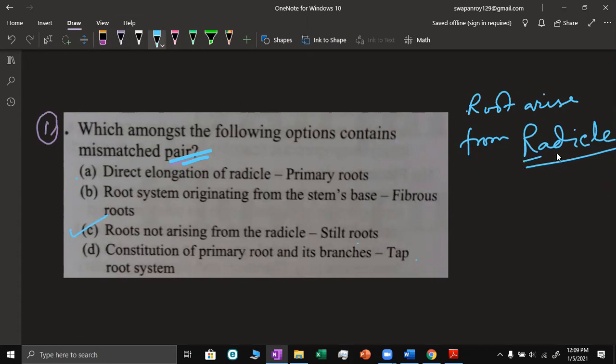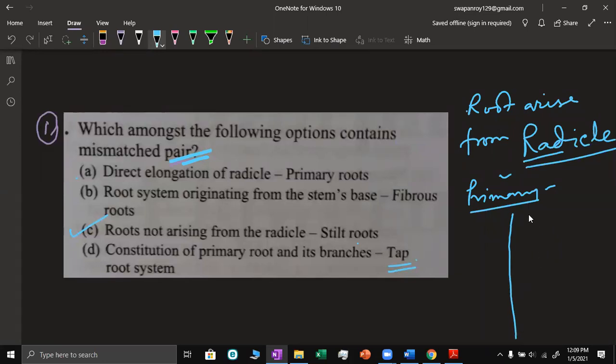The first one that arises is the primary root. Then this primary root gives rise to its lateral branches. So the primary root and the lateral branches form the taproot system.